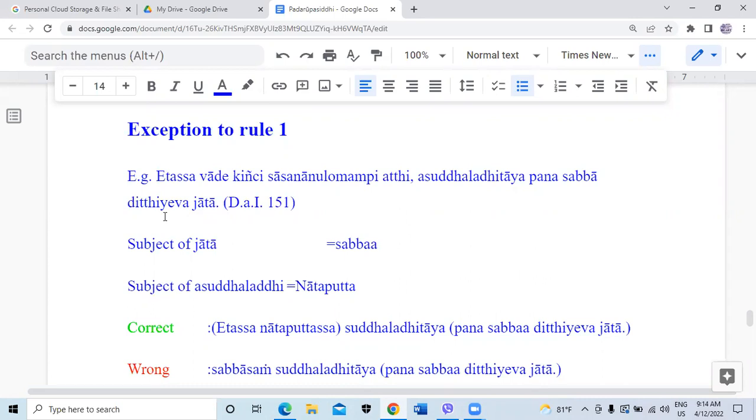Yes, Jata. Sabha is the first subject, right? Diti Yuva is Wikati.